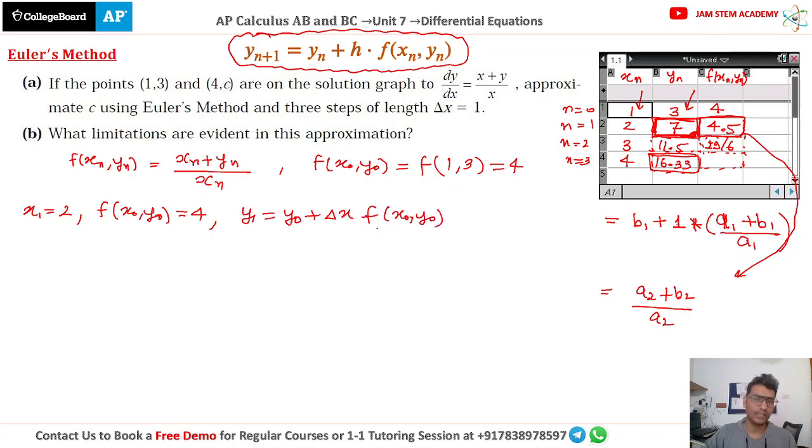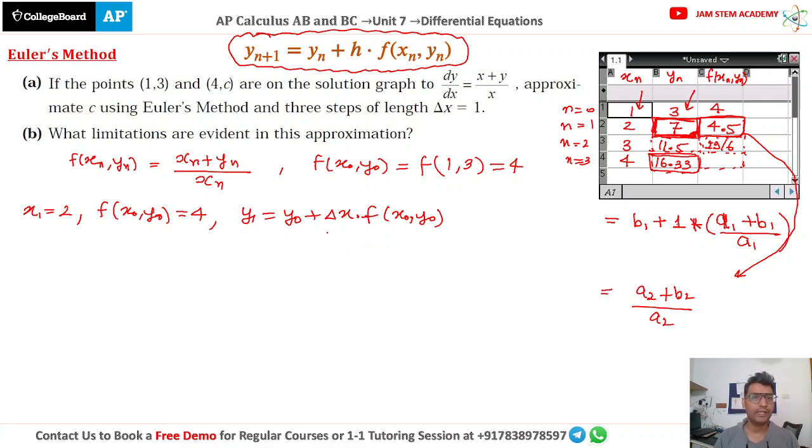If you use this, you will get your answer. It takes time to do it in this way, right? But a calculator gives you a much faster answer. So in this way you can solve a question.